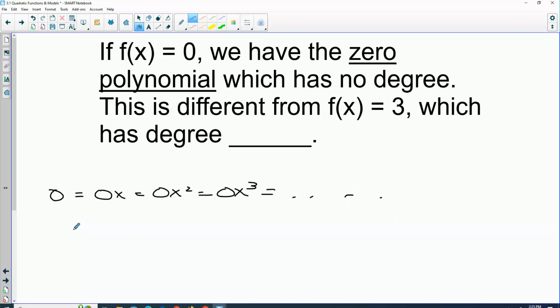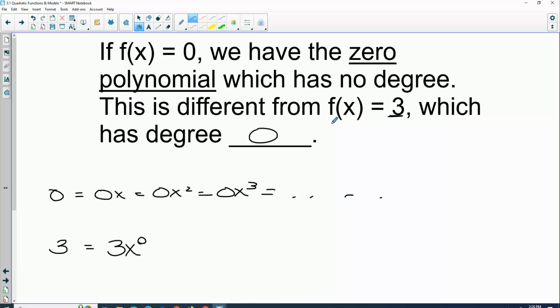Now, if I just give you any other constant, if I say 3, is 3 the same as 3x? No. It would have to be x to what power? 0, because anything to the 0 power becomes 1. So if it's just any other constant, that's a degree of 0. Degree is kind of like saying how many variables there are. If it's a constant, there are no variables, so our degree is 0.